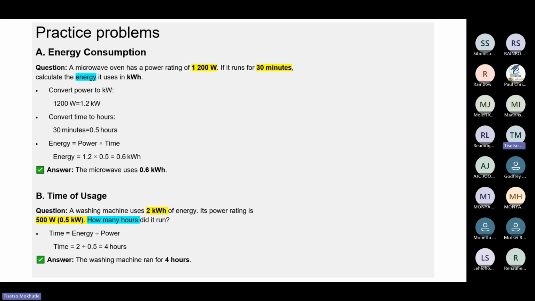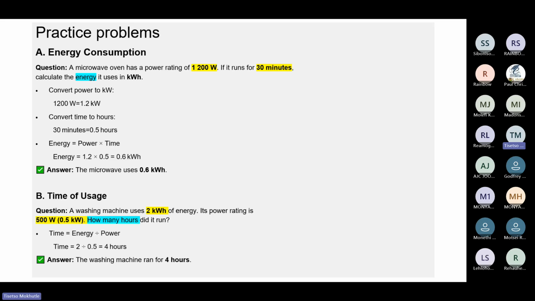So the 1,200 watts becomes 1.2 kilowatts. Convert time to hours, it becomes 0.5 hours, which is half an hour. And then we can substitute now. 1.2 kilowatt multiplied by 0.5 hour, the answer is 0.6.